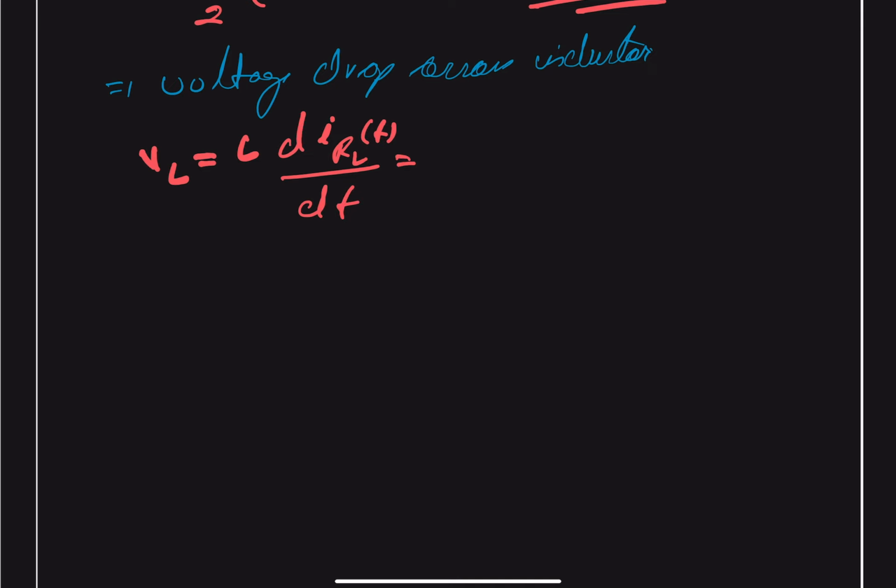The inductor is 400 millihenry, so that is 0.4, multiplied by d by dt of the current, which is 6 times 1 minus e raised to power minus 5t.